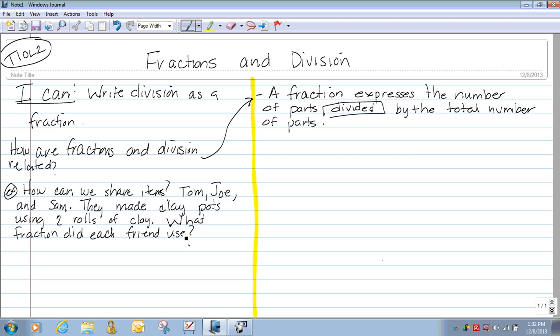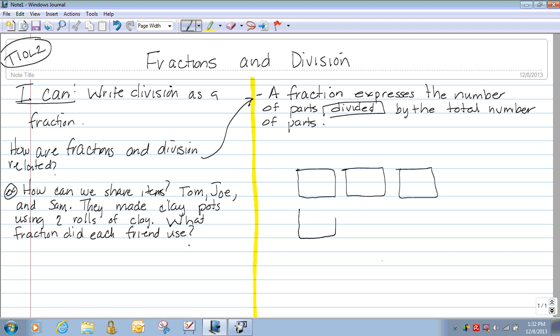Well, we could think about sharing 2 rolls of clay among 3 people. So I have 1, 2, there's 1 roll of clay divided into 3.